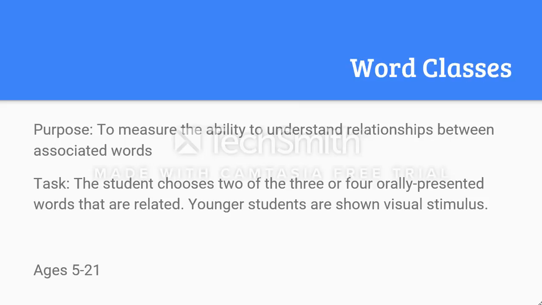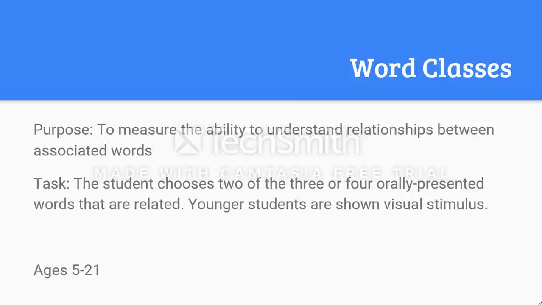The next subtest is the Word Classes subtest, and it is used to measure the child's ability to understand relationships between words. So the child chooses 2 of 3 or 4 presented words that are related, and with the younger students, they are shown a visual stimulus.